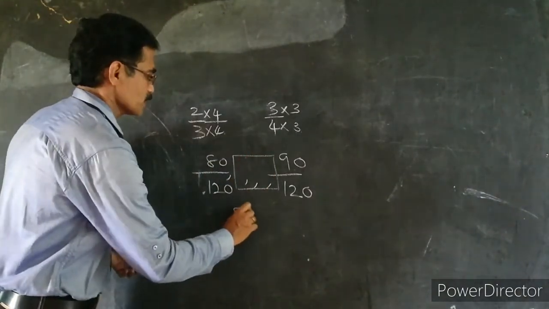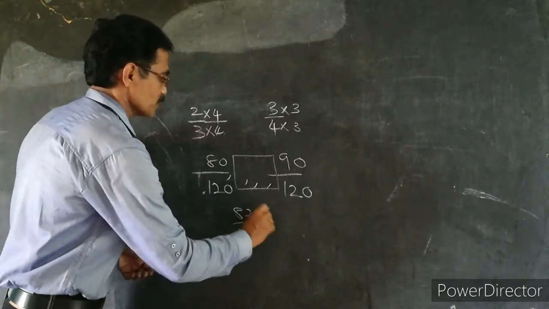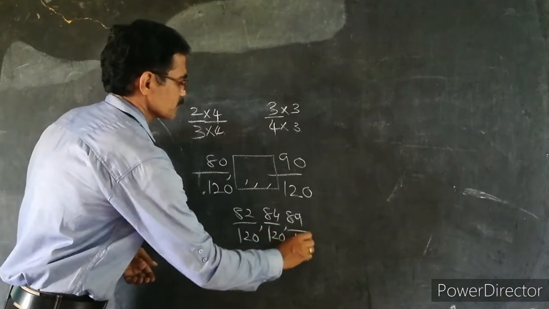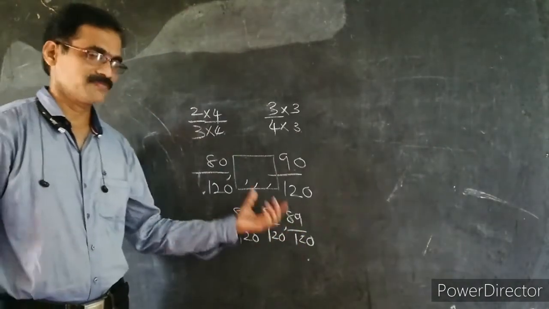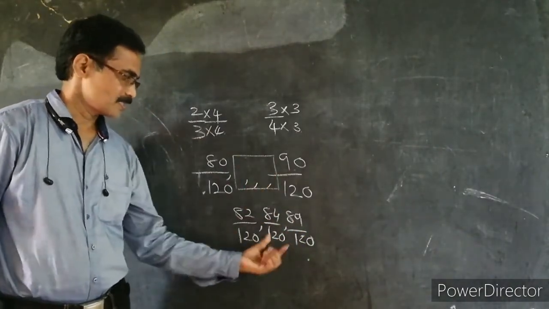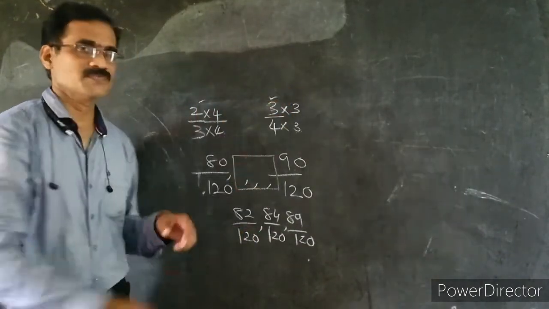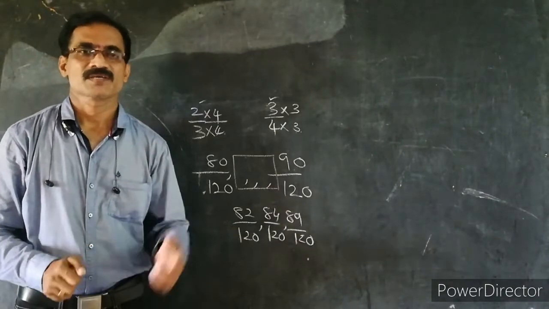I am writing here 82 by 120, 84 by 120, 89 by 120. These are the 3 rational numbers between 2 rational numbers.